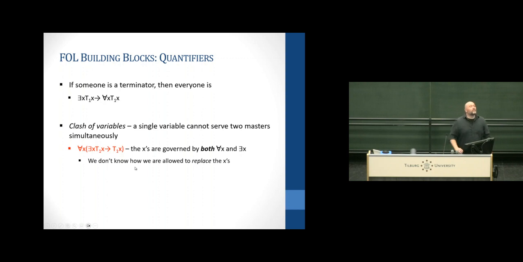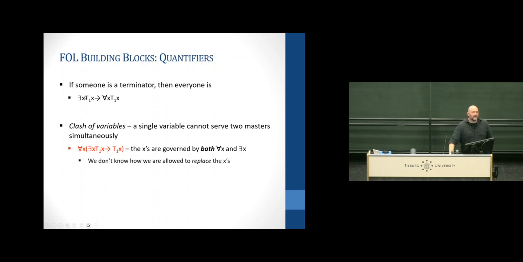Good. So they can, they don't have to. In this case, let's go back to our initial one. If this sentence is true, and there are any terminators, then they're going to have to be able to apply to the same object.